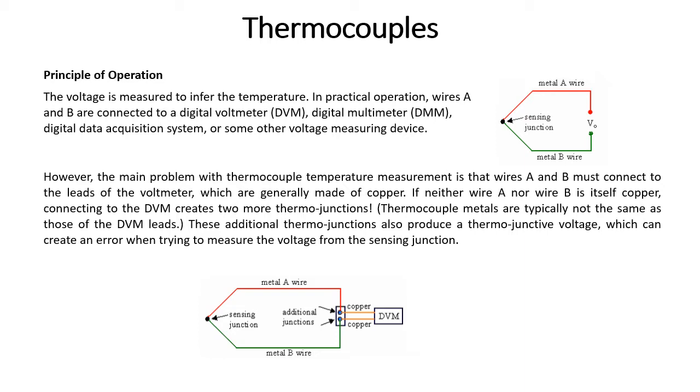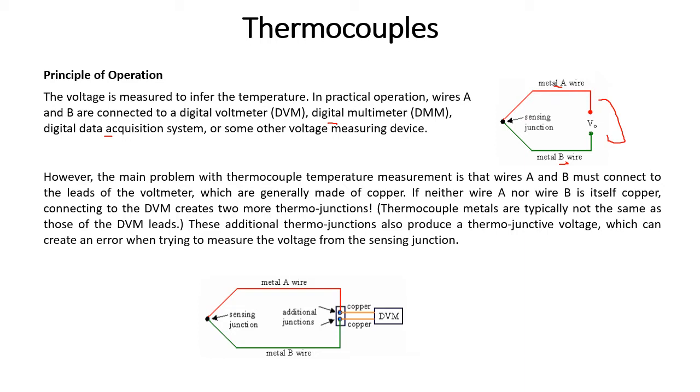When there is one metal A wire and one metal B wire, they are connected to a digital voltmeter in parallel, which could be a digital voltmeter, a digital multimeter, or any other digital data acquisition system. Now the voltage is measured to infer the temperature at this sensing junction.